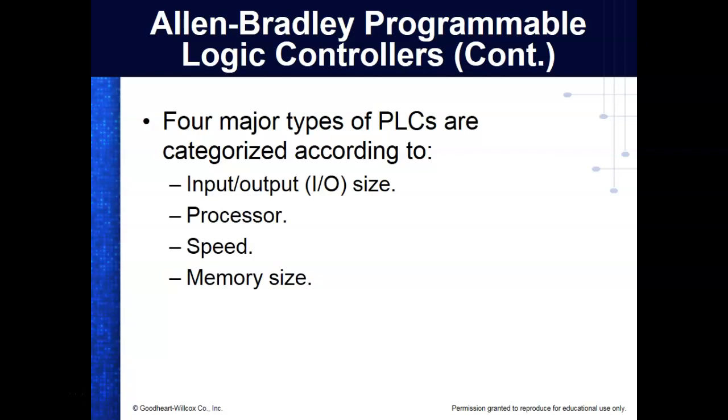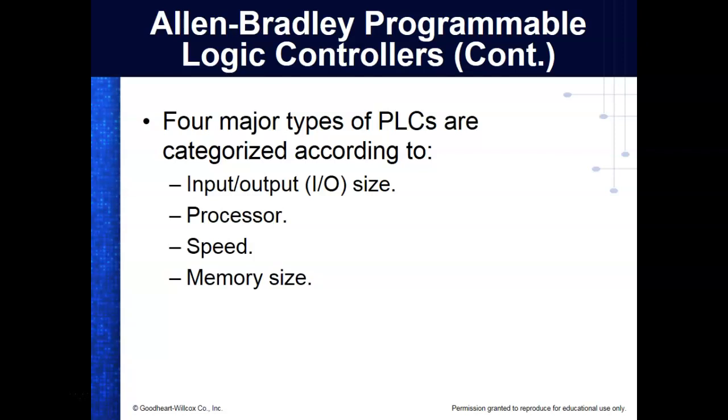So the 1100 PLC has groups. The first group has 0 through 3, and the second group has 4 through 9, and they each have their own common. So you can wire the group of 4 sourcing, and the other group of 6 you can wire sinking.